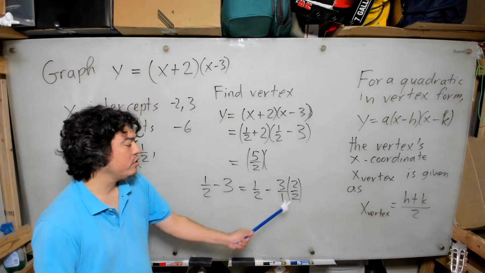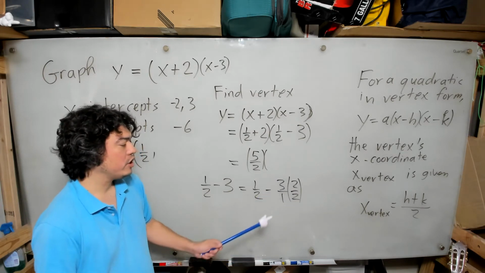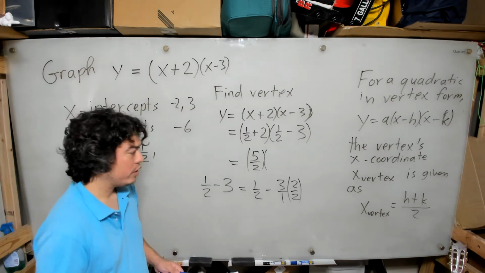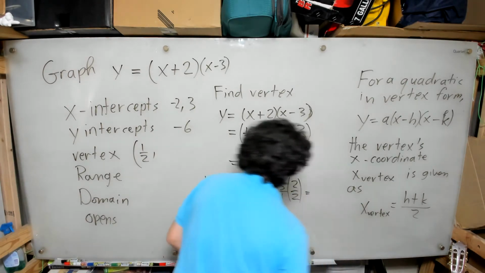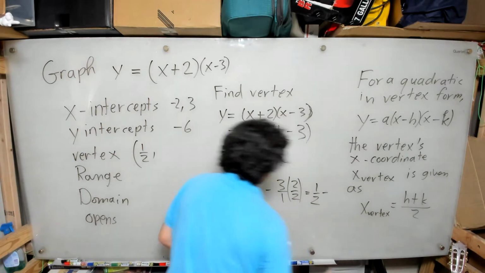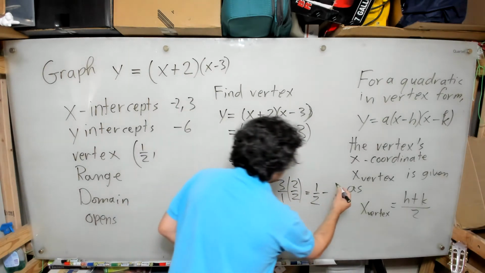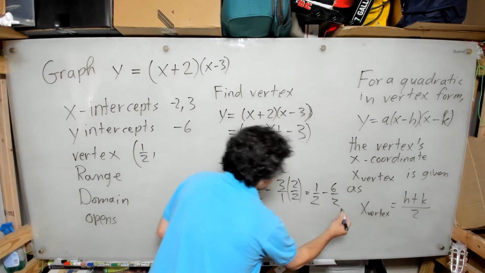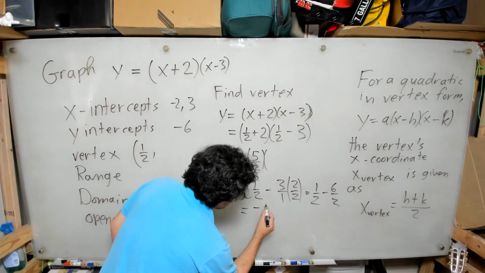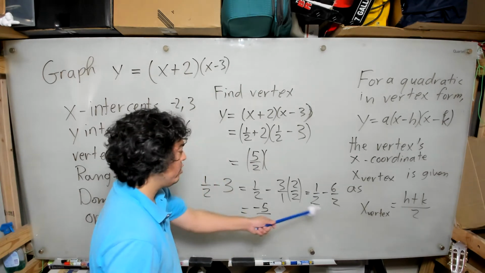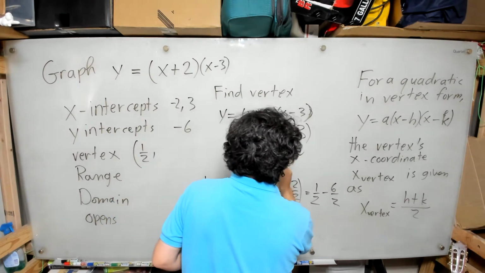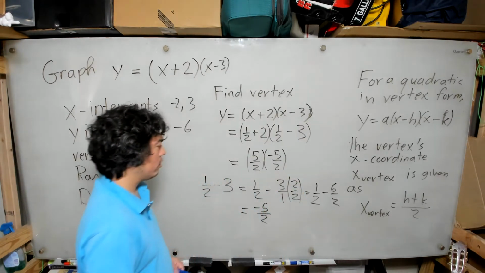And so when I multiply these two fractions, I will get a fraction that has the same value as 3, but which has denominator 2. So I'll be able to effectuate the subtraction. Okay. Here I'm going to have 1/2 minus 3 times 2 is 6. 1 times 2 is 2. And so I'm going to have 1 minus 6 is -5. And then, since they're in the same denominator, it'll be 2. So it'll be 5/2 here, and then -5/2 here. Okay?